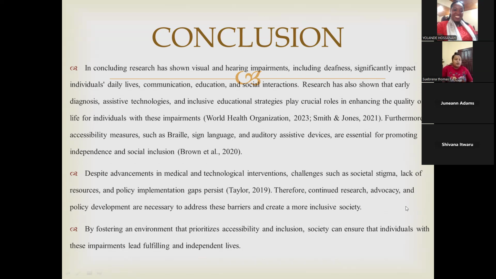Furthermore, accessibility measures such as Braille, sign language, and auditory assistive devices are essential for promoting independence and social inclusion. Brown 2020. Despite advancements in medical and technological interventions, challenges such as societal stigma, lack of resources, and policy implementation gaps persist.